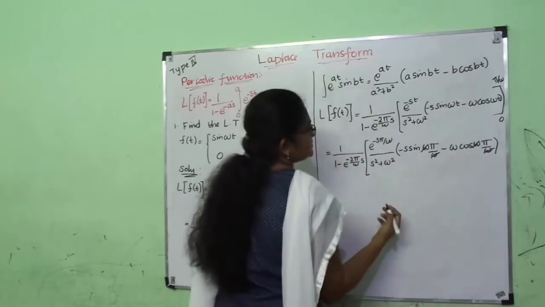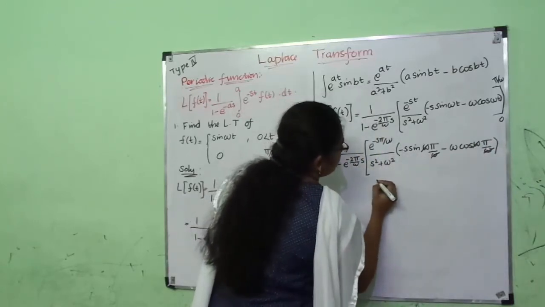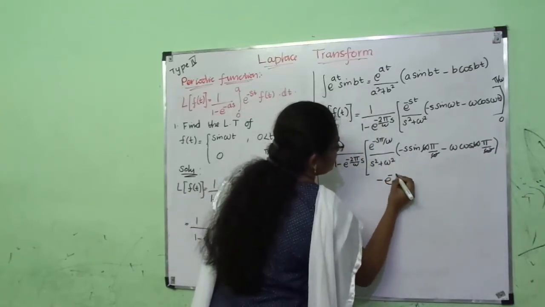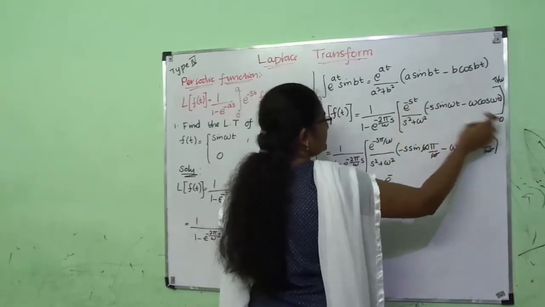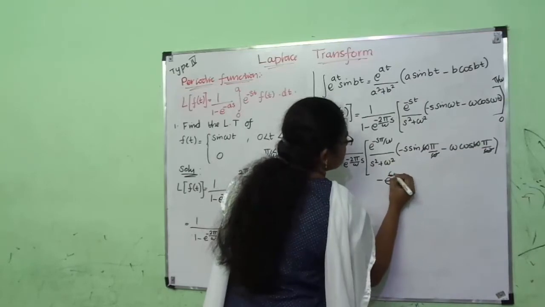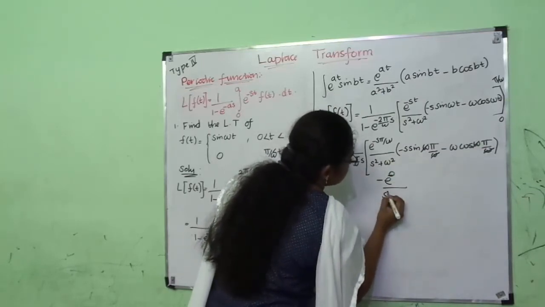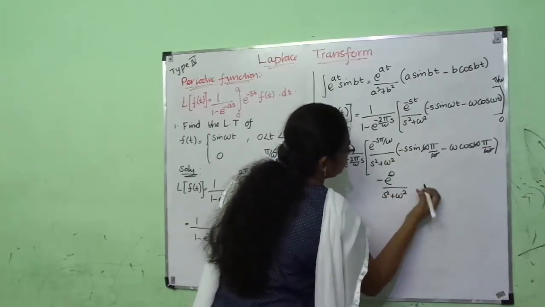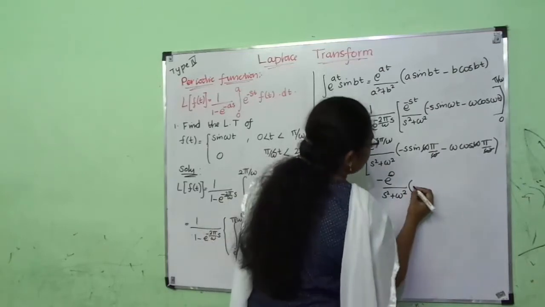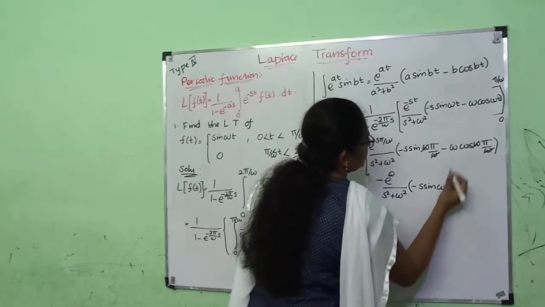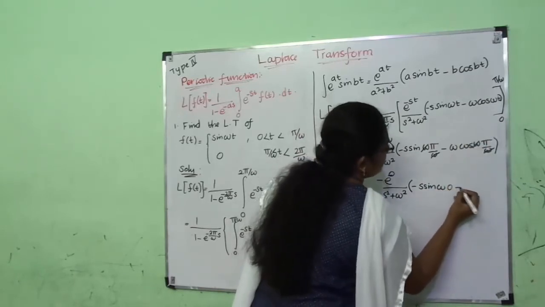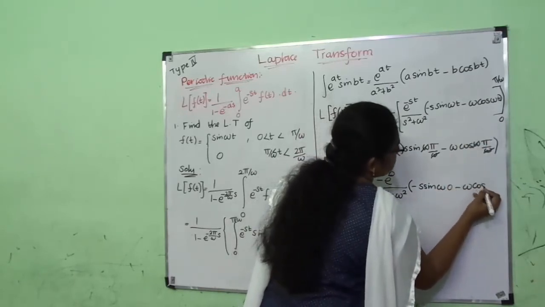Now in the next step we are going to apply the lower limit. Minus e power minus s, in the place of t, the lower limit is 0. In the place of t we put 0. E power 0 by s square plus omega square, into minus s sin omega times 0, minus omega cos 0.